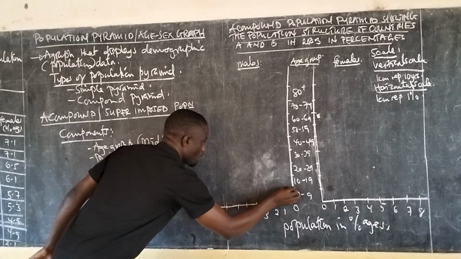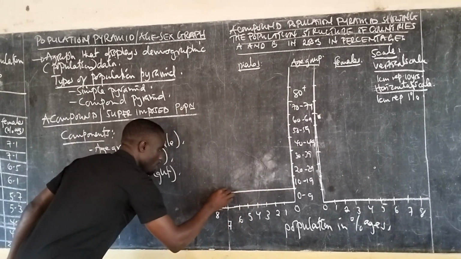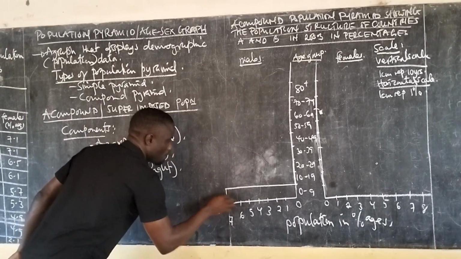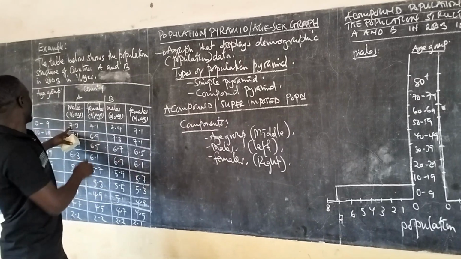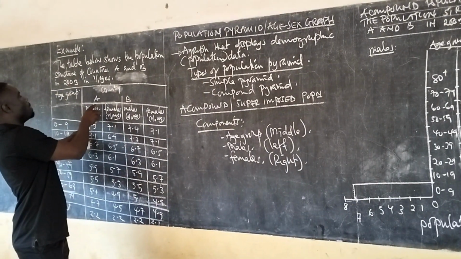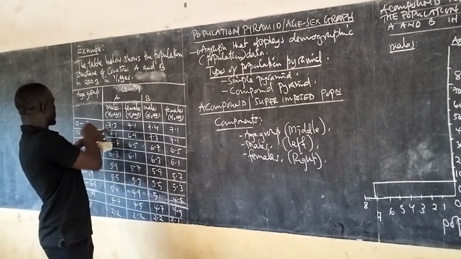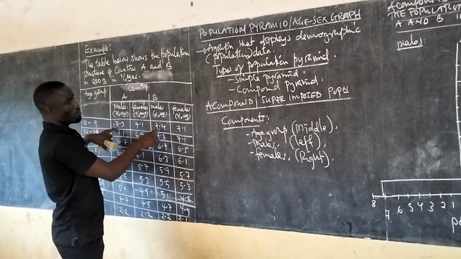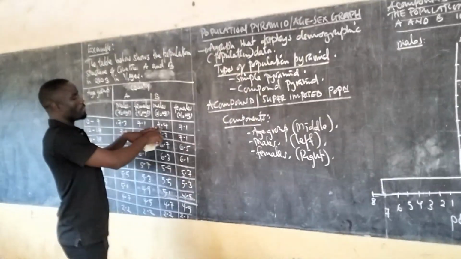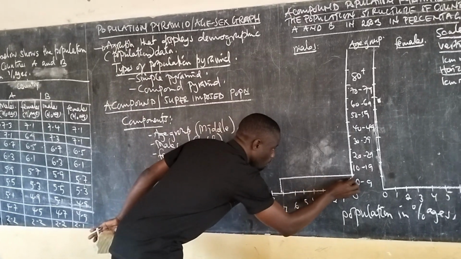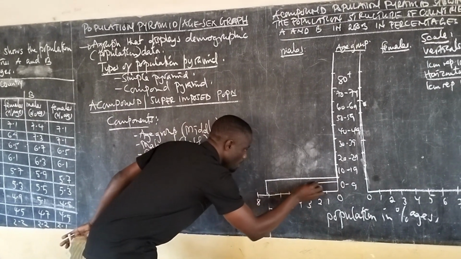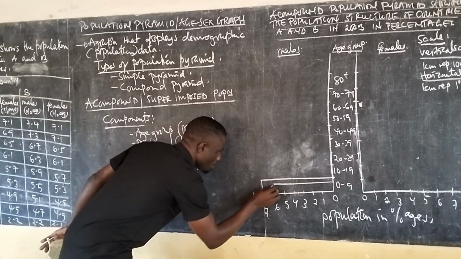We shall use a ruler. For us, we are drawing rough, but you should use a ruler. Then we have said we are going to start with the males for both countries. So the same age bracket, country B, the population is 7.4. So we come here and put in 7.4. This is 7.3, 7.4.